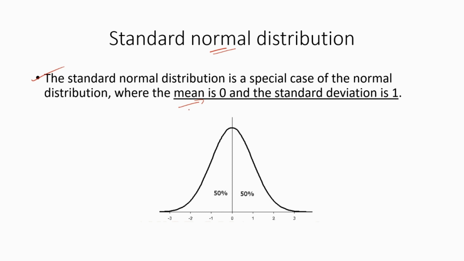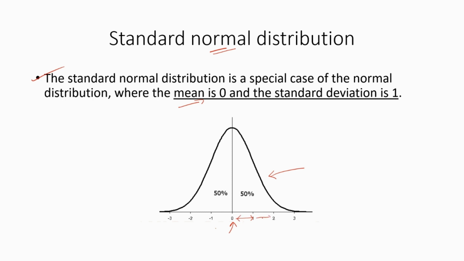When it comes to normal distribution, the mean and the standard deviation can be changed. The standard normal distribution is where this is the bell curve as now we know, and this is the mean value. Mean value equals 0 and the standard deviation is 1, this distance or this section.